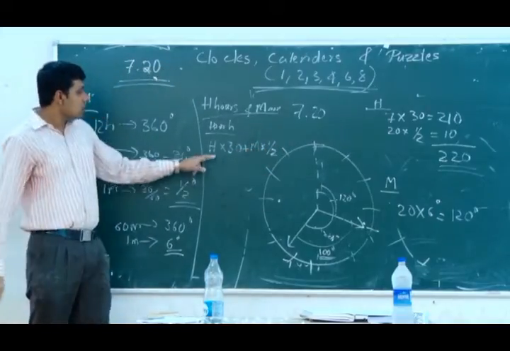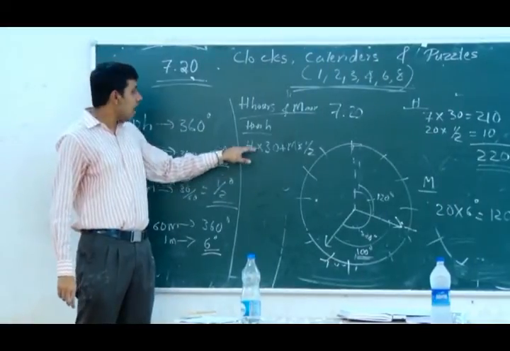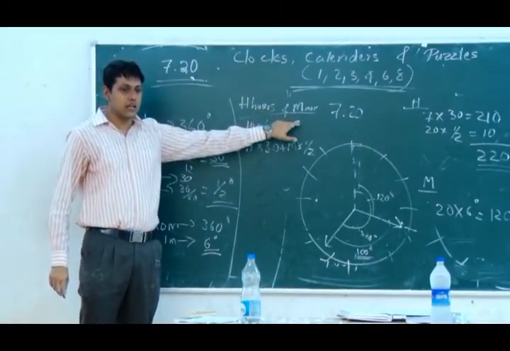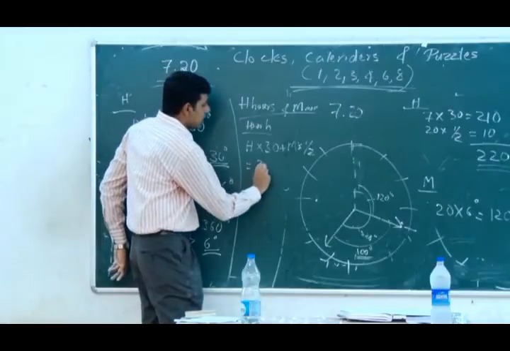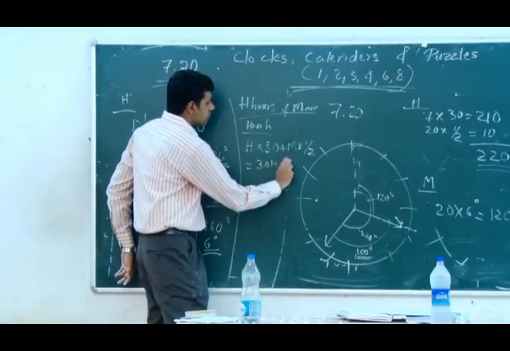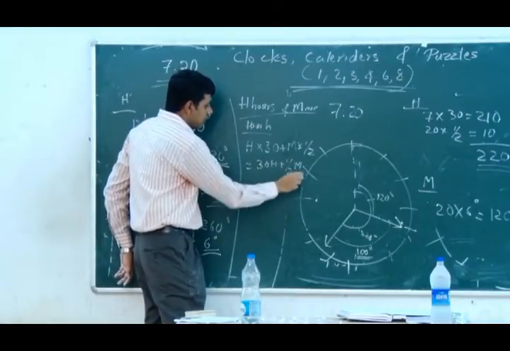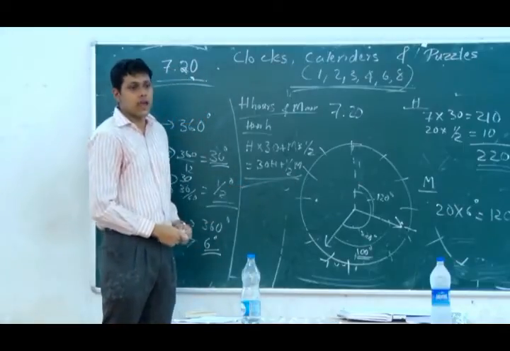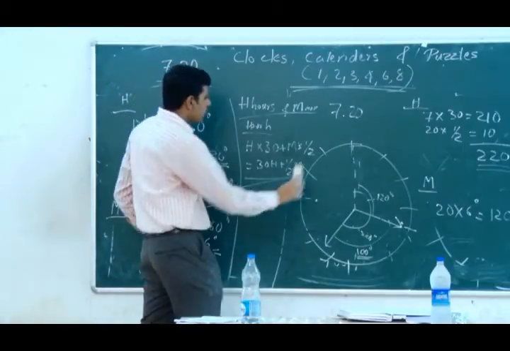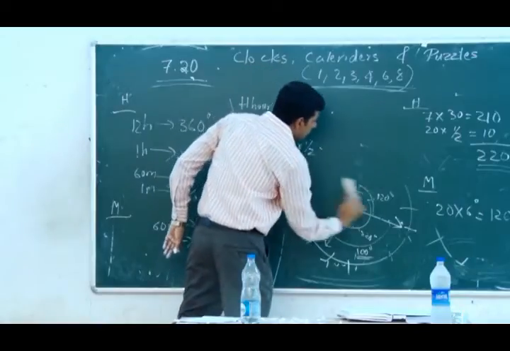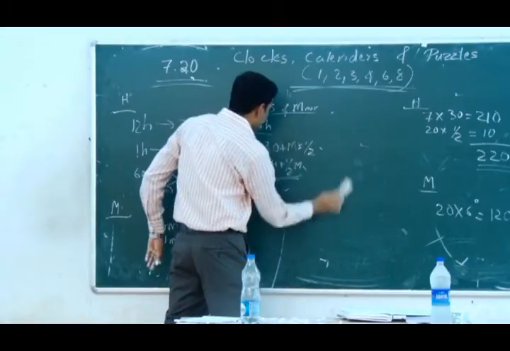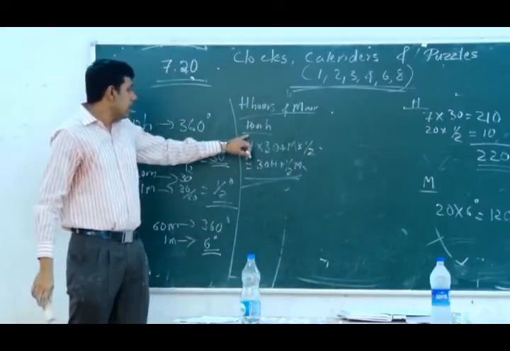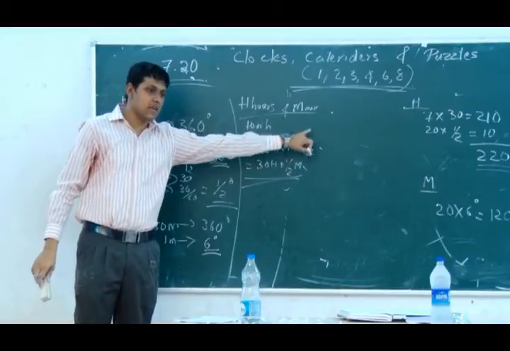This is the total distance moved by the hour hand in h hours and m minutes. So we write this as 30h plus half m. This is the distance moved by the hour hand in h hours and m minutes.